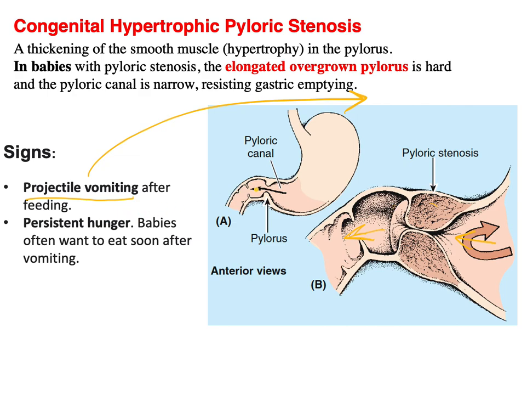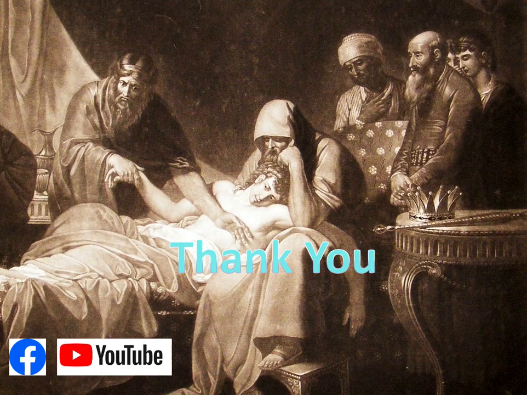So that's why we call it projectile vomiting. Then after vomiting, there is a persistent hunger. That means the baby cries because he or she wants to eat soon after the vomiting, because nothing passed into the intestine.